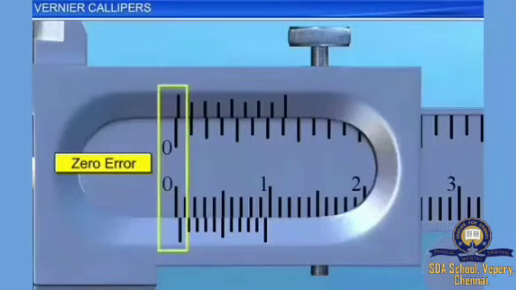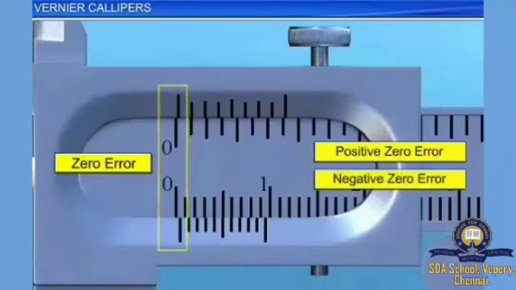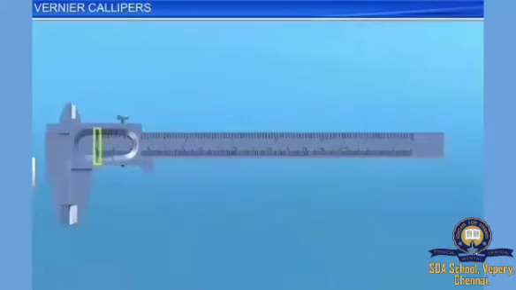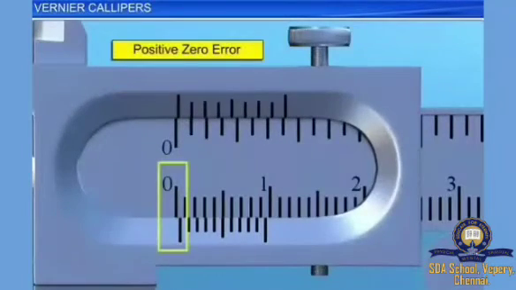There are two types of zero errors. They are positive zero error and negative zero error. With the two external jaws in contact, if the zero of the vernier scale is on the right side of the zero of the main scale, then the zero error is said to be positive.